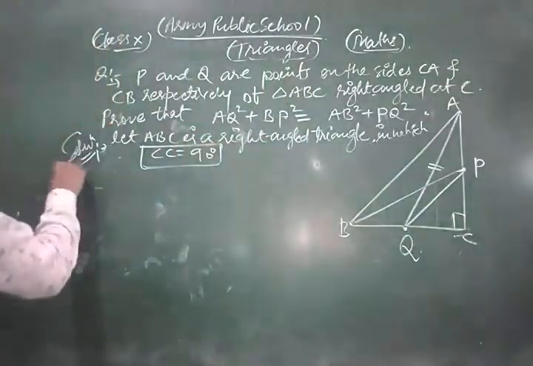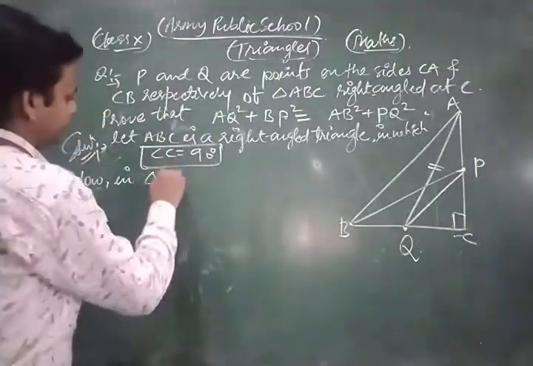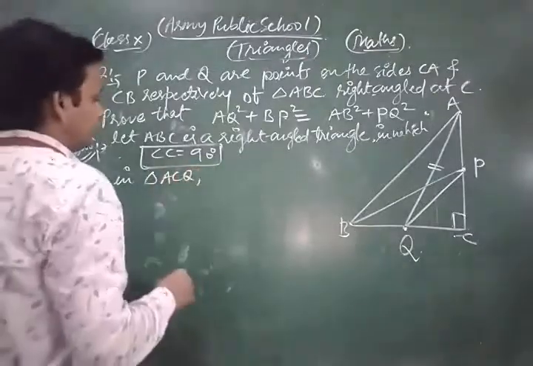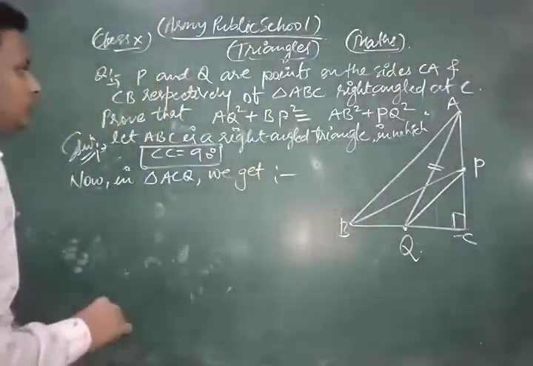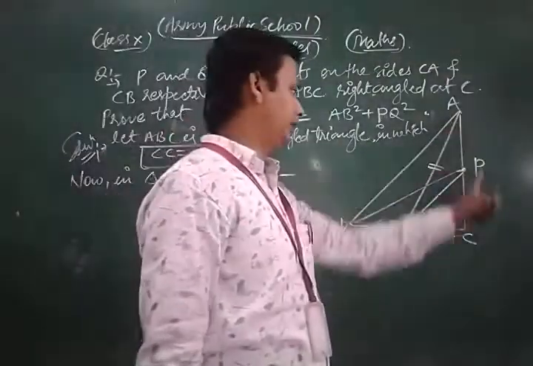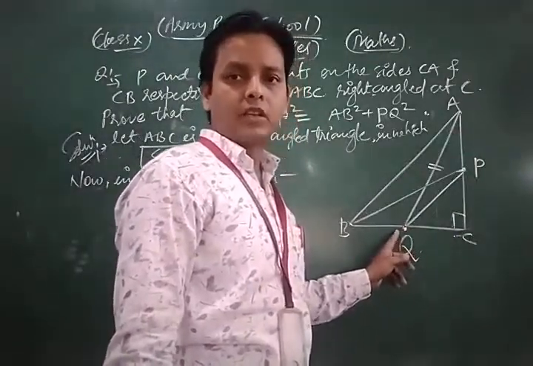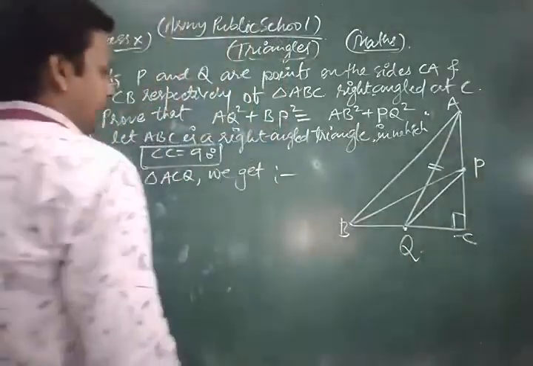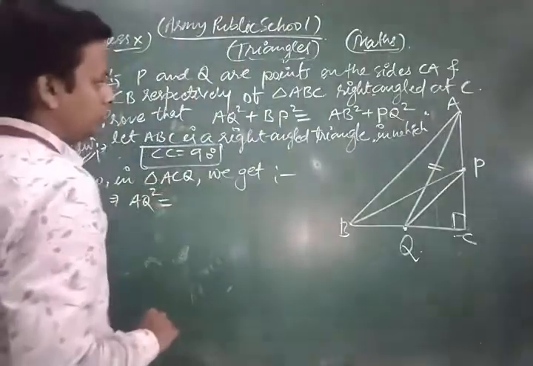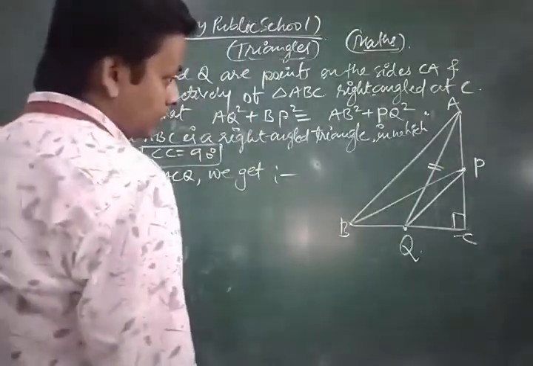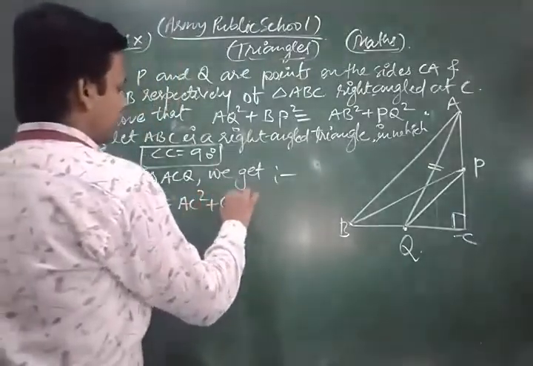Now in triangle ACQ we get, dear students, so this is AQ square is equal to AC square plus CQ square.